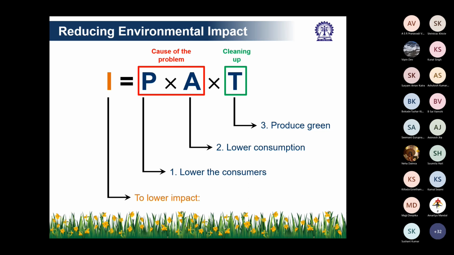And for P, the number of consumers, we cannot sharply reduce the population overnight. But what we can do is go for more green and clean technologies. So we can improve the T factor in this IPAT model, which can then help us reduce the total I.